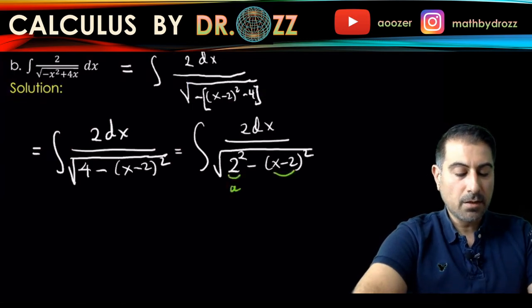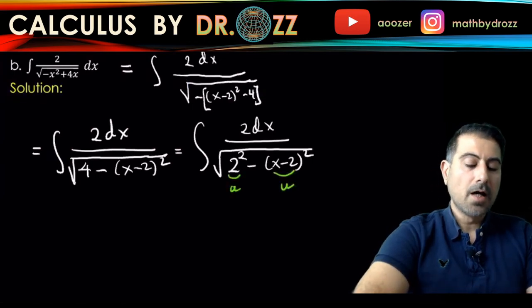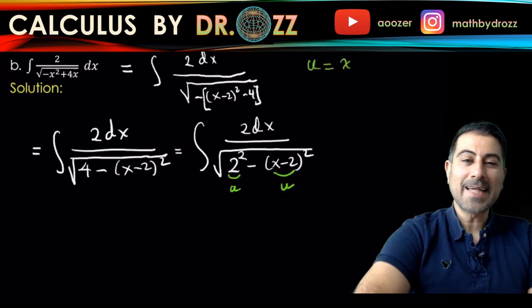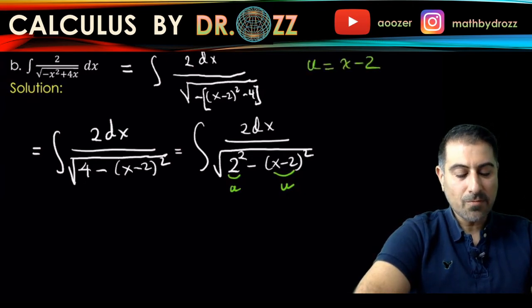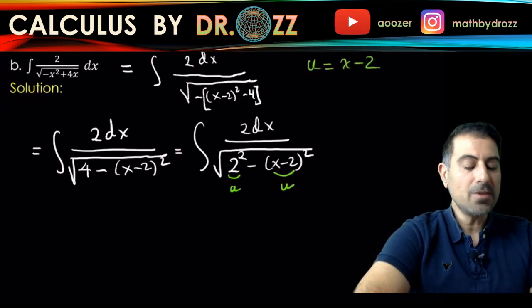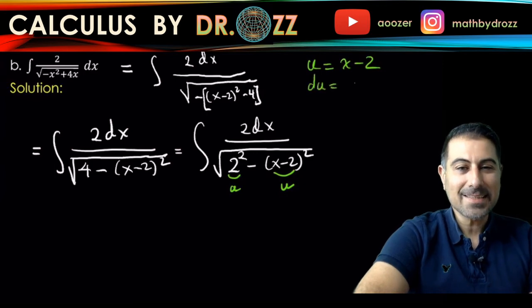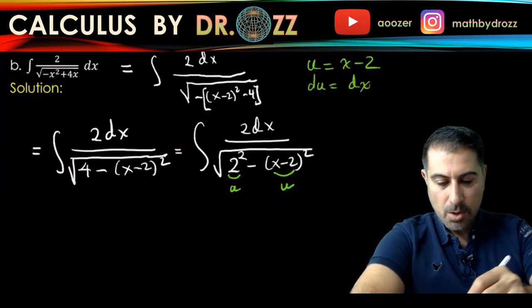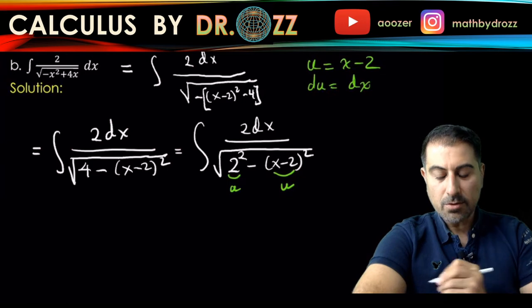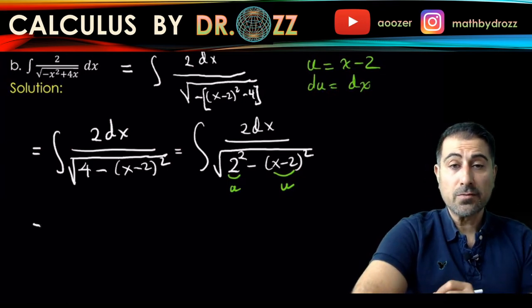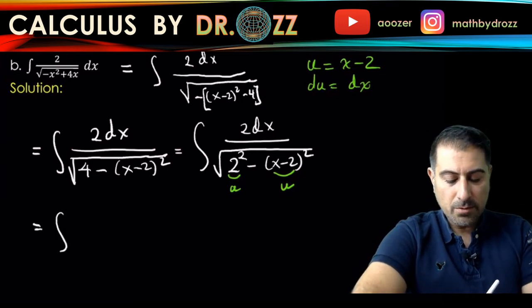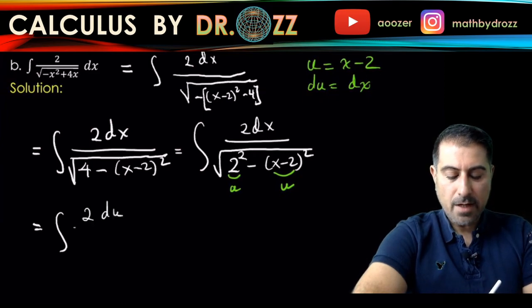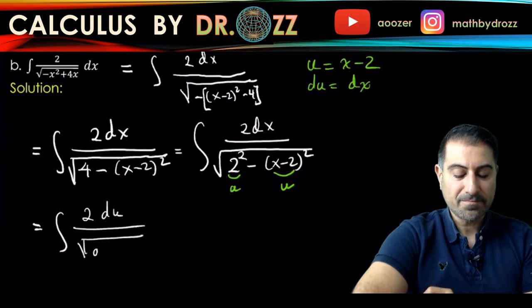So my u substitution is u equals x minus 2. Looking at the differentials of both sides, you have du equals dx. Great. So I'm going to rewrite this in terms of the new variable u: 2 times du, and on the bottom you have a squared minus u squared.